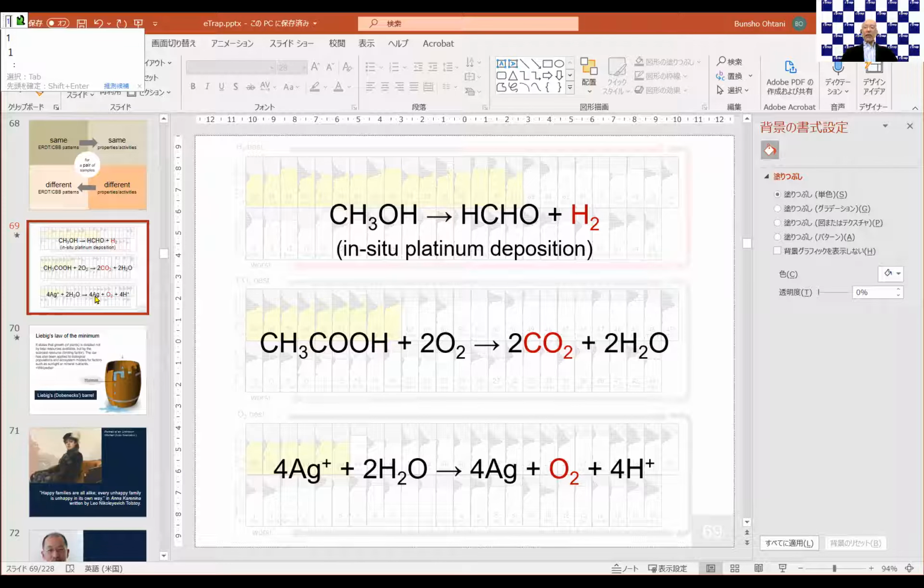So we are very happy to accept any samples, and there is no guarantee that every sample will show the ERDT CBB pattern, but we are happy to try to measure them, and if it is measurable and applicable, that is very happy. So if you have any questions, I'm very happy to answer.